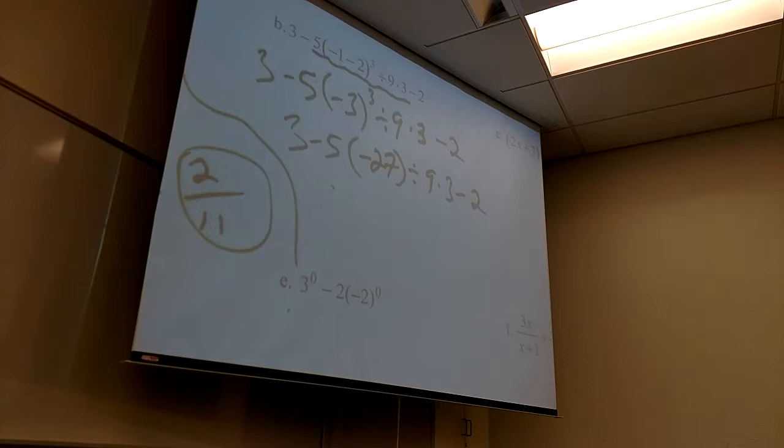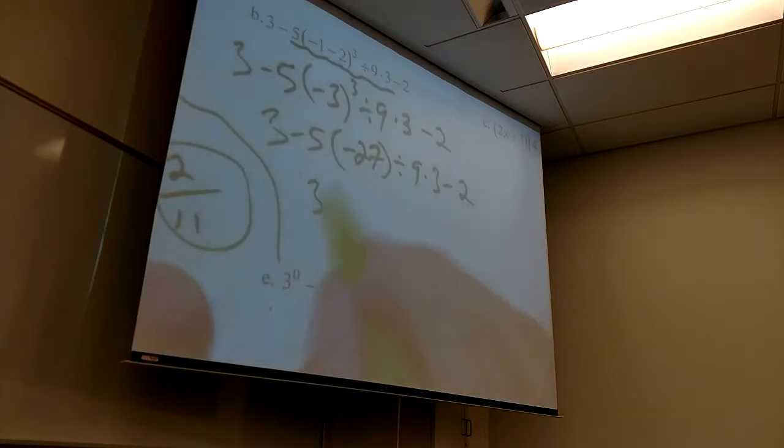Now I'm on the multiplication and division level. That's the next thing I would do. So the whole middle chunk is that, and I'm going to just do that as it comes. What's negative 5 times negative 27? 135. Now there are ways to get around this. I'm going to do it by the textbook right now, but the more comfortable you get, the more you can rearrange things a little bit.